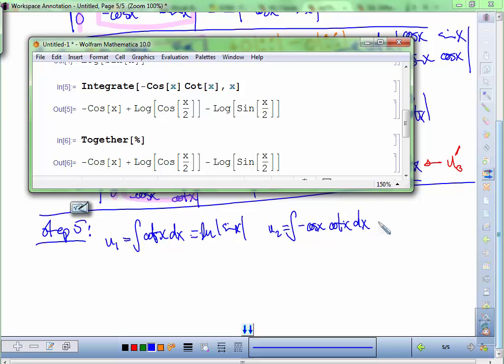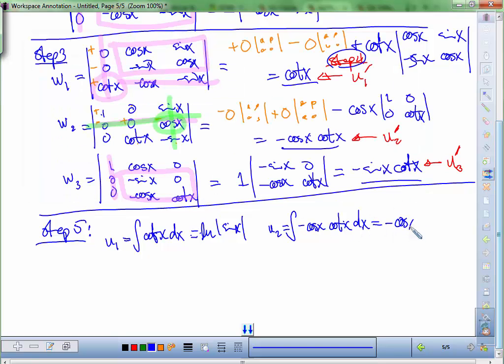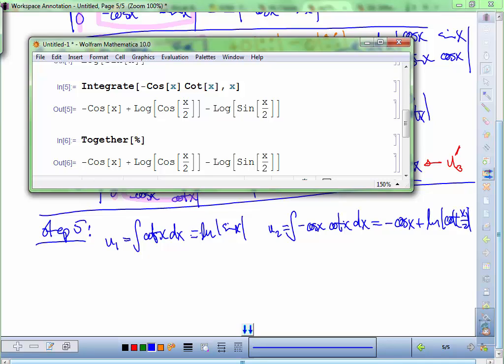It starts off with a negative cosine x plus ln of cotangent x over 2. So the cosine over sine can go as a quotient.